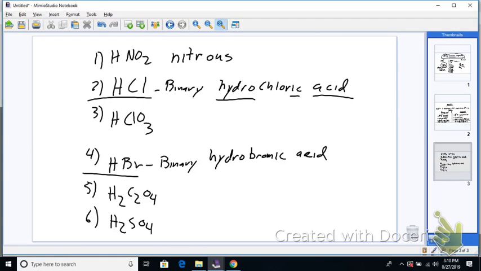So it's not I, but us. Right? Nitrite. And I ate that and it was icky. All right, so nitrous acid. The only thing I didn't include on that last one is that they all have endings of acid. So go ahead and do 3, 5, and 6 and see if you can get those names right with the one example I gave you. So ATEs become IC, and ITEs become OUS.